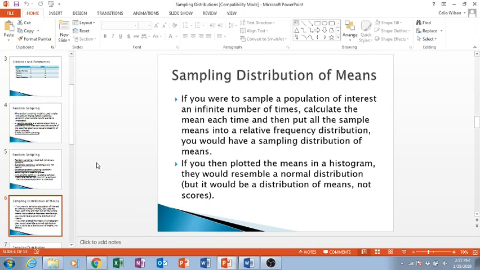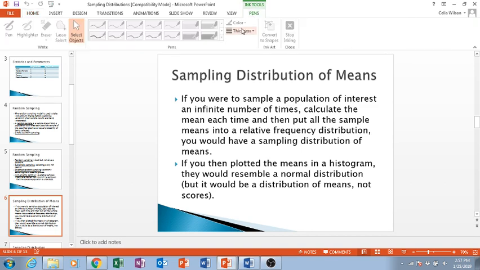Okay, so think about what we've done so far. We have thought about distributions, and we've thought about them in terms of scores.